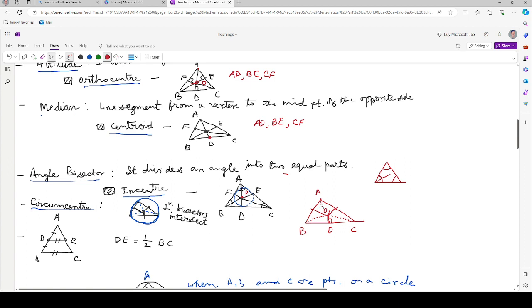This is named like that because this intersecting point O is equidistant from the three vertices A, B, C of this triangle, and using this point as a center, we can draw a circle. Now, I hope you understand what the circumcenter is.